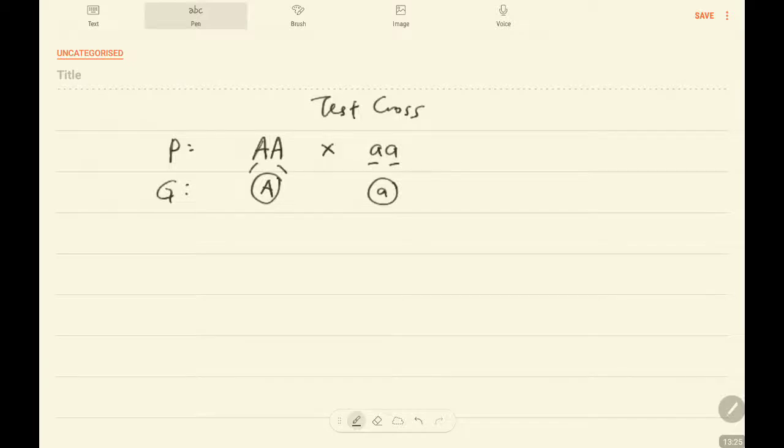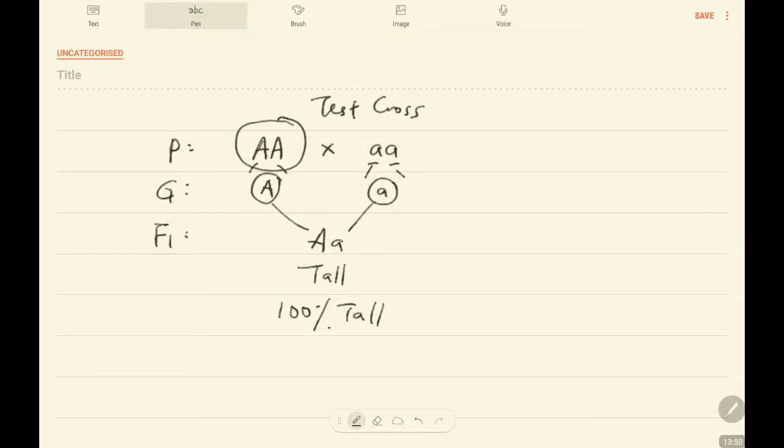They segregate, right? But both of them the same, so I only write once. So now F1 generation, big A, small a. So the characteristic, tall, 100% of them tall. Okay, so if you get 100% tall, none of them short, then you can make a conclusion that this unknown genotype is homozygous dominant. So this is the purpose that we carry out a test cross.